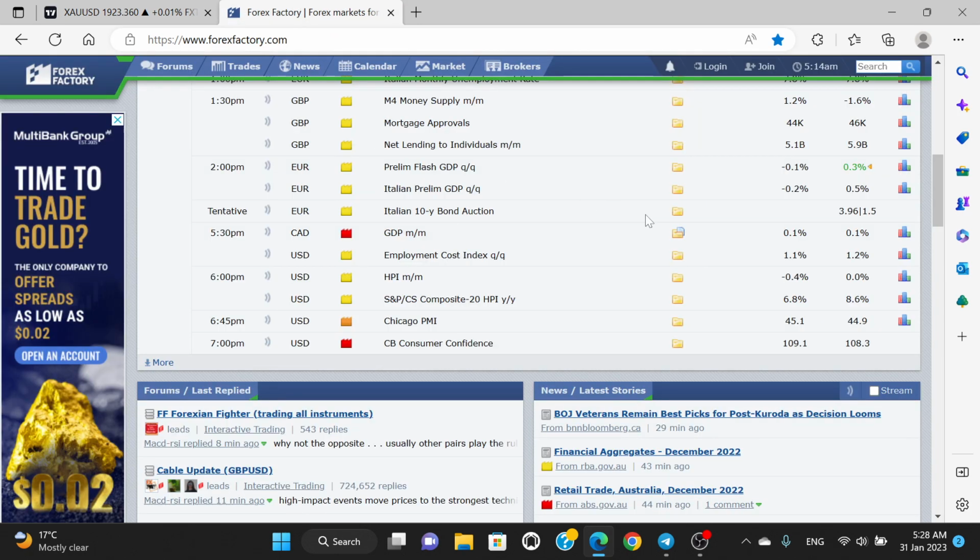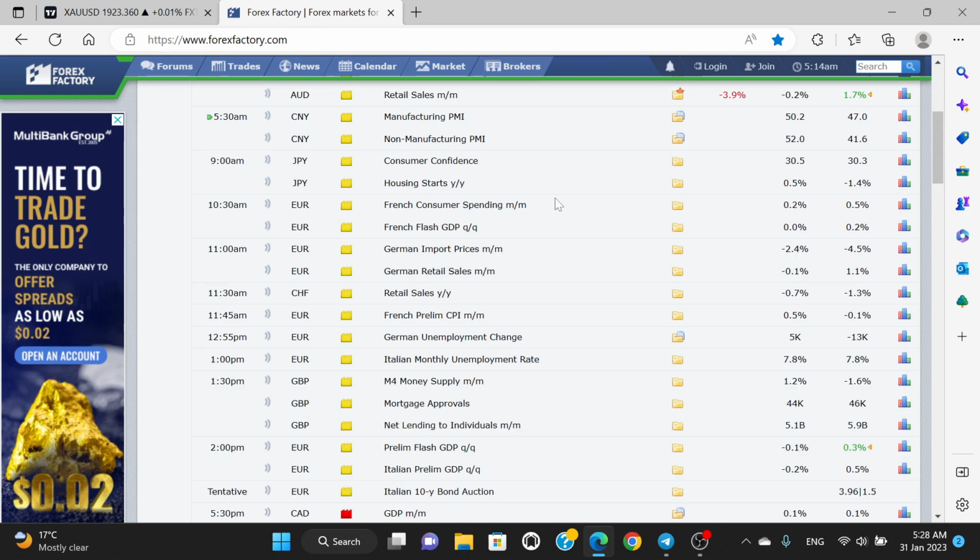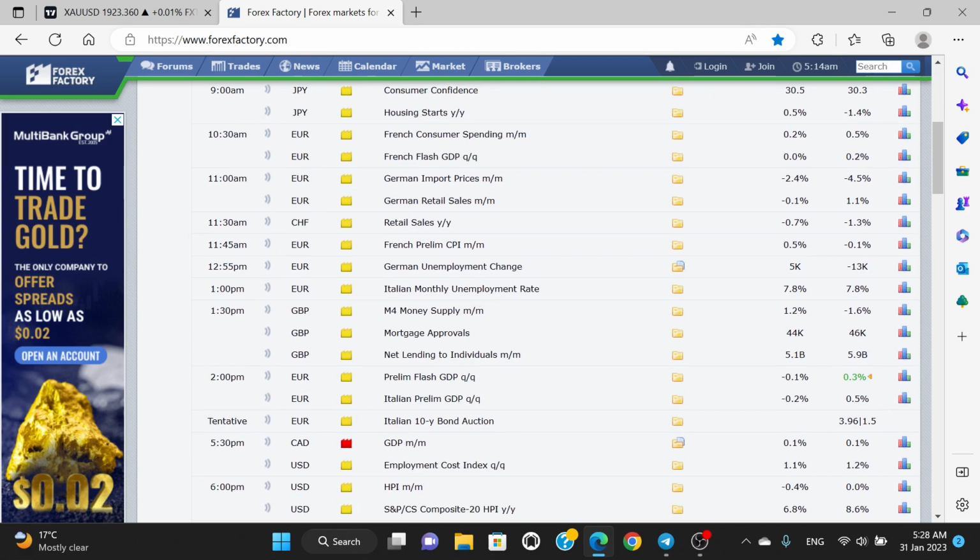Now, on the fundamental analysis, we have many indicators today. We have the French CPI and German unemployment rate, and those are all low-impact indicators. However, if there is a big change in those numbers, they will move the market a lot.